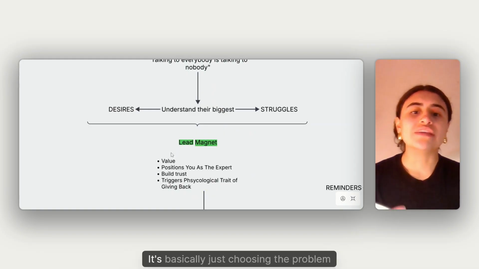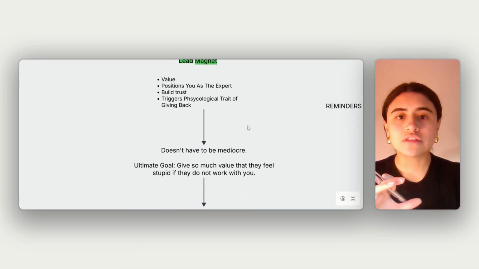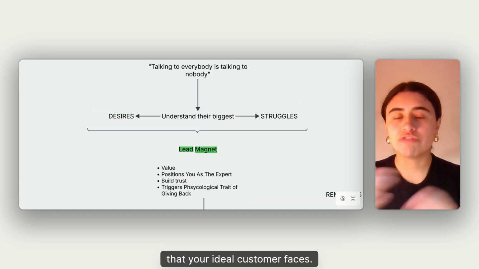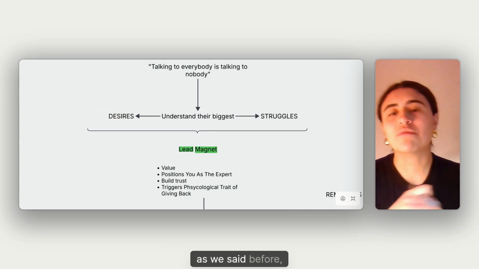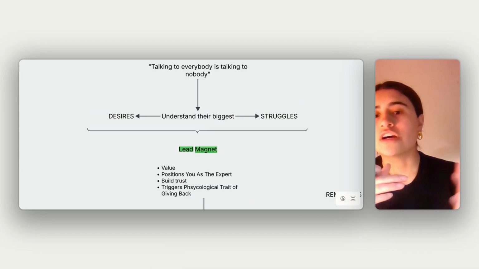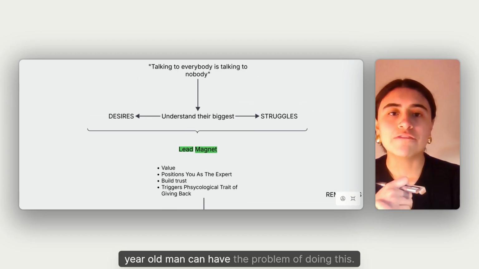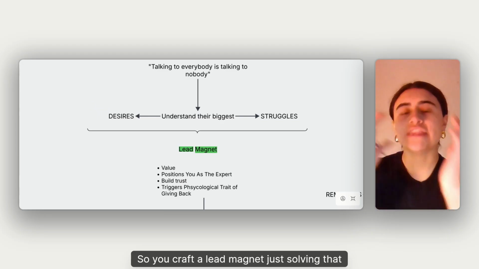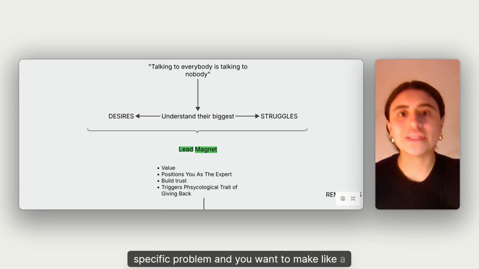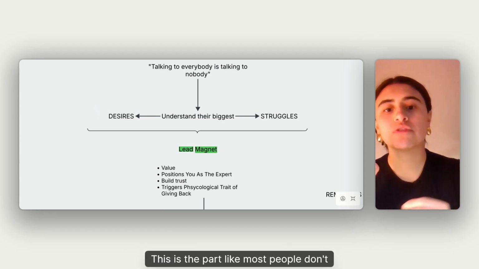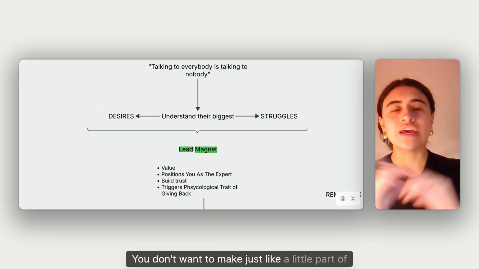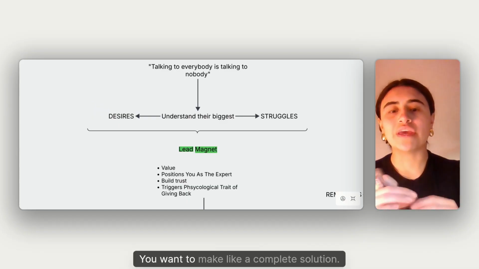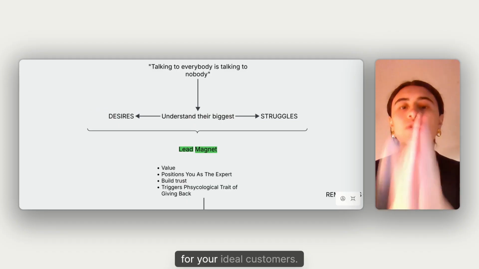And the lead magnet is basically just choosing a problem that your ideal customer faces. So, for example, as we said before, the 65-year-old man can have the problem of doing this. So you craft a lead magnet just solving that specific problem, and you want to make a complete solution. This is the part most people don't understand. You don't want to make just a little part of the solution. You want to make a complete solution for your ideal customers.